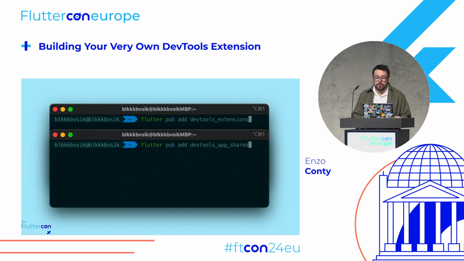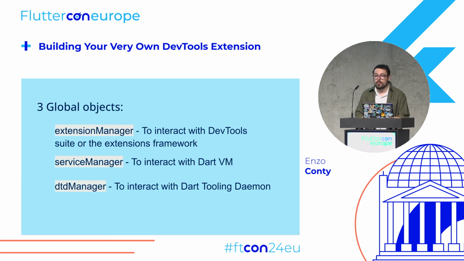The DevTools app shared basically exposes three different global objects that can be used in your code base. You have the extension manager that permits you to interact with the DevTools suite and the extension framework. You also have the service manager that interacts with the Dart VM, and you also have the DTD manager, which stands for Dart Tooling Daemon Manager, which allows you to interact with the Dart Tooling Daemon.